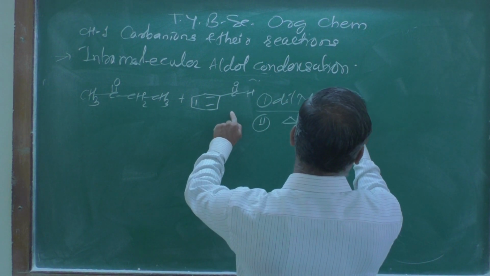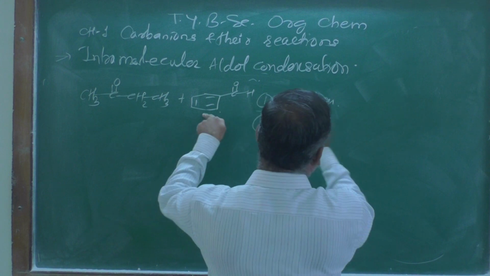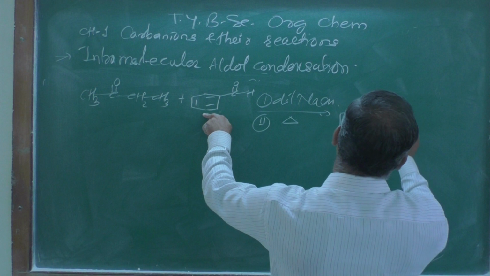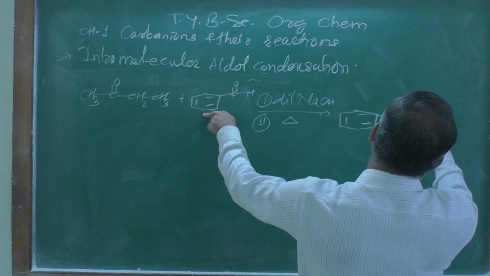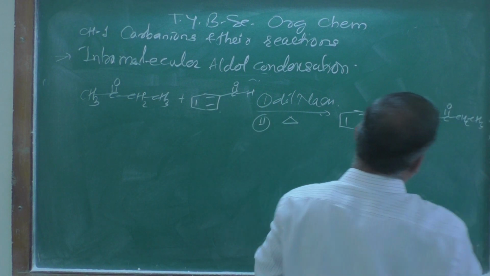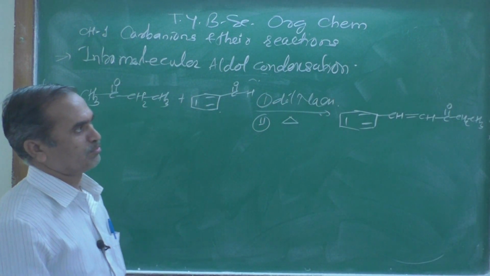We can write it as CH, double bond CH, C double bond O, then CH2 or CH3. This type of product you may get.